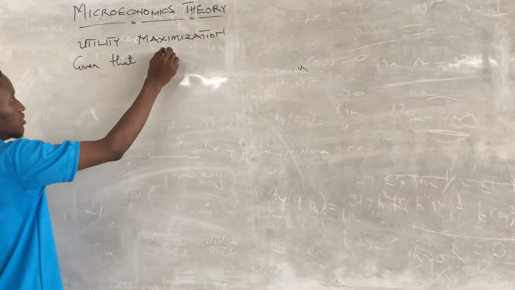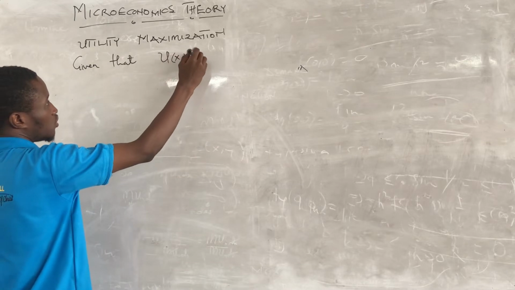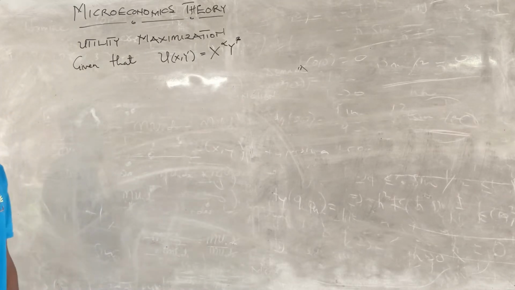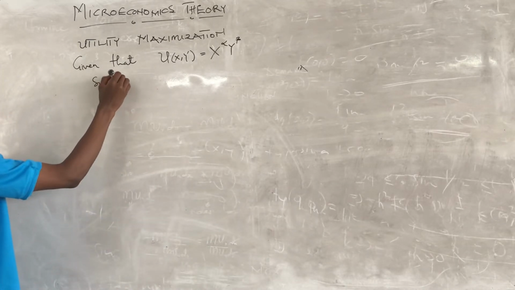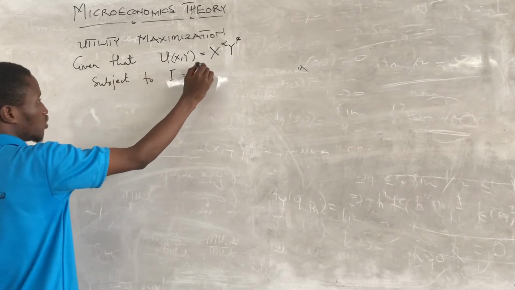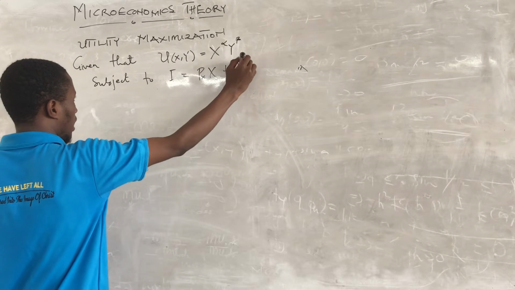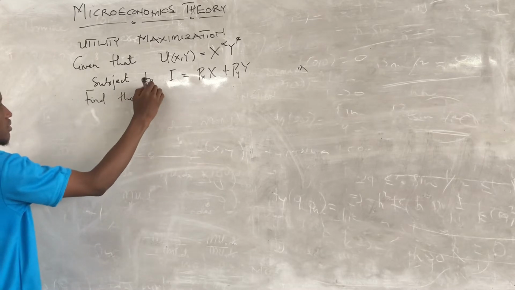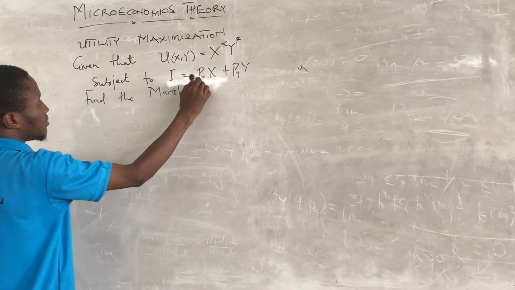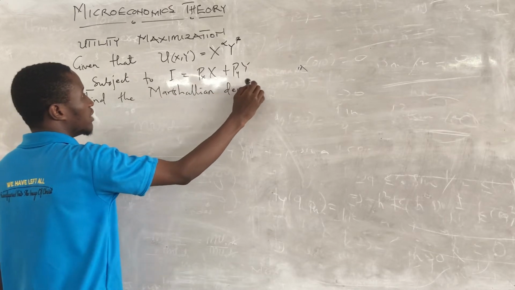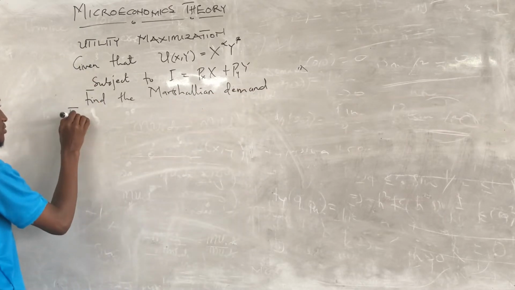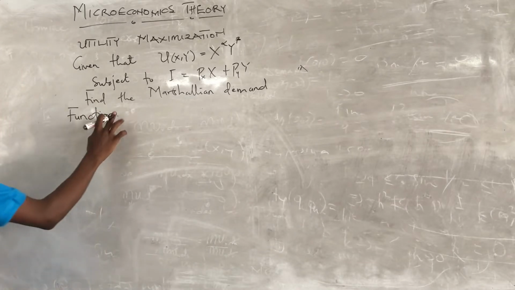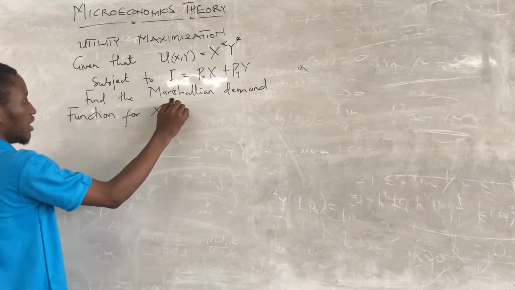Given that U(x,y) is equal to x^alpha y^beta, subject to I equal to pxx plus pyy, find the Marshallian demand function for x and for y.